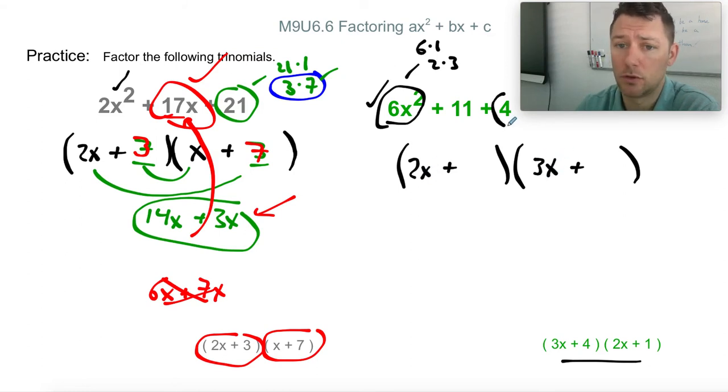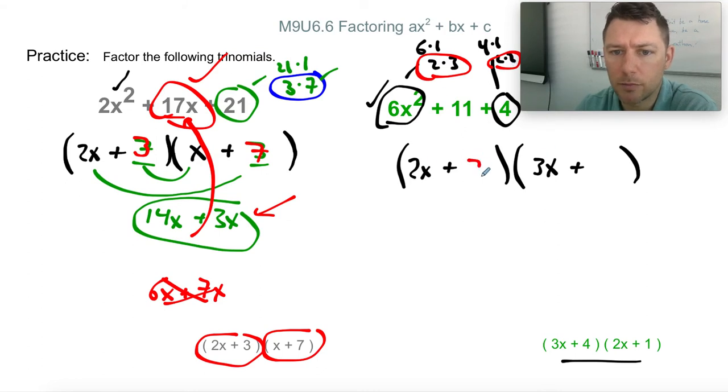Also, 4, you can also make 4 by saying 4 times 1 or 2 times 2. And I don't know which one of those are. So I generally pick the middle and the middle rather than the extremes, right? So I'm going to try, here's my 2 times 3 right here, and here's my 2 times 2. I'm going to try 2 times 2 and just see if this works.